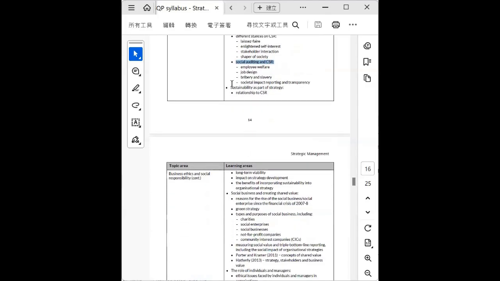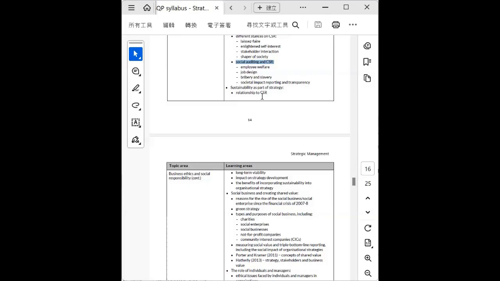So next we'll look at sustainability as part of the strategy. I think we'll just go through this very quickly. This point is the relationship with CSR, which examines the connections between sustainability and CSR in shaping the organization's strategies. Long-term viability discusses the importance of sustainability in ensuring organizational success and resilience.